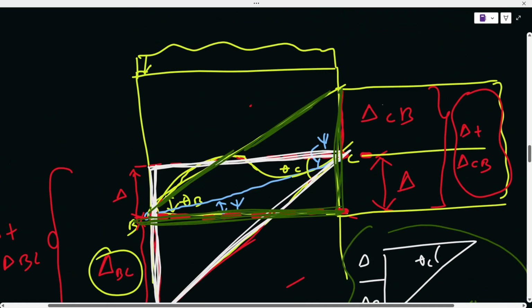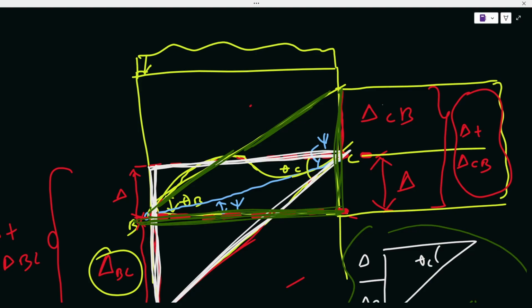Let's use blue for the chord rotation. Another shape you notice here is for the chord rotation.